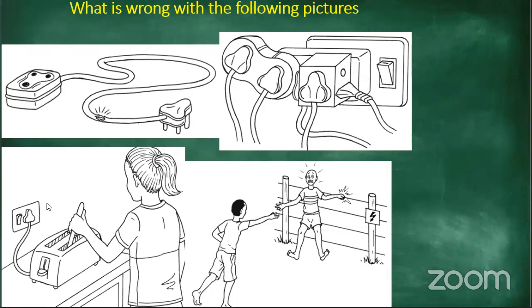What about the last picture? What is wrong with that picture and what is happening there? What is happening in the last picture? All right, Ndovu, do you mind telling us what is happening in the last picture? The boy is getting electrocuted. All right, and what else?